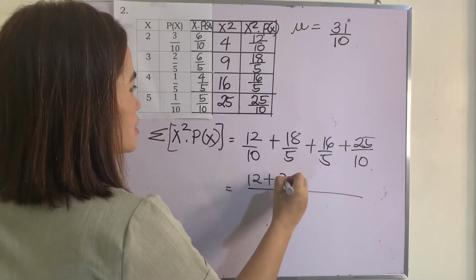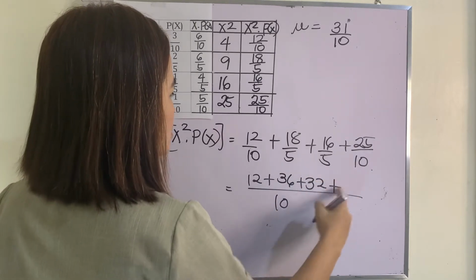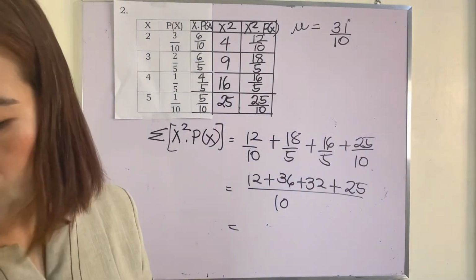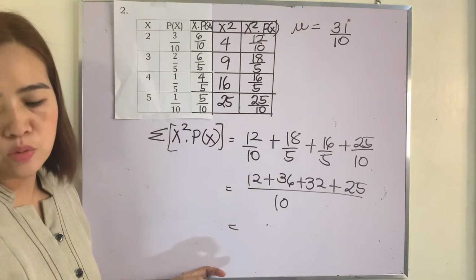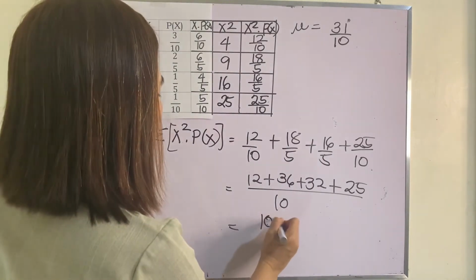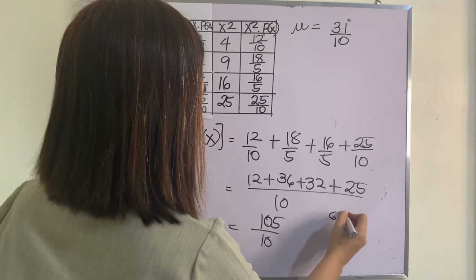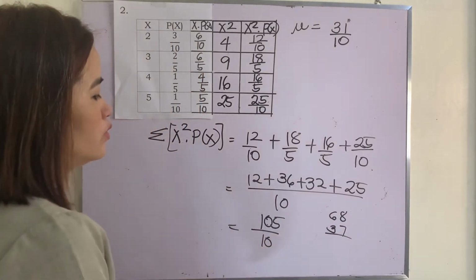This one is 36. This one is 32. And this one is 25. So adding everything, what is the sum of 12, 36, 32, and 25? We have 105 over 10. Let us check. This one is 68. This one is 37. So it's really 105 over 10.